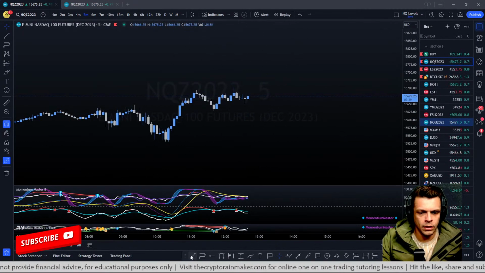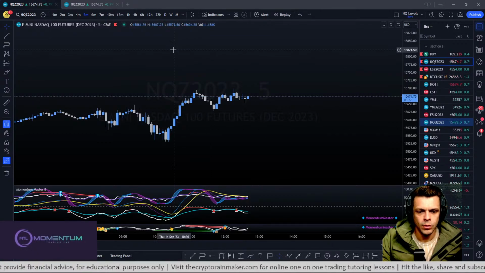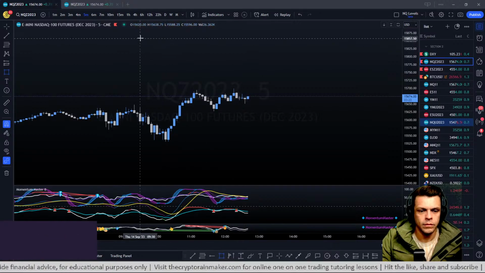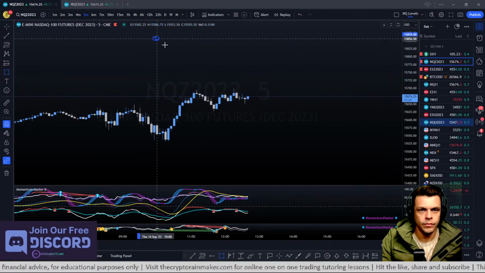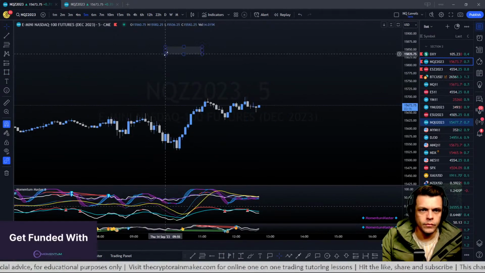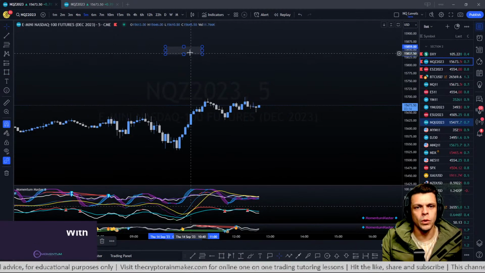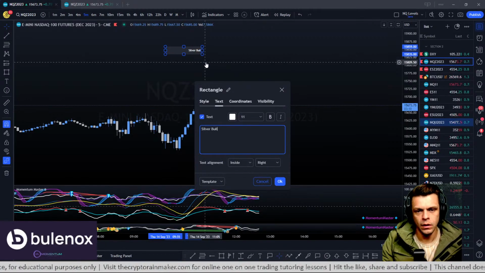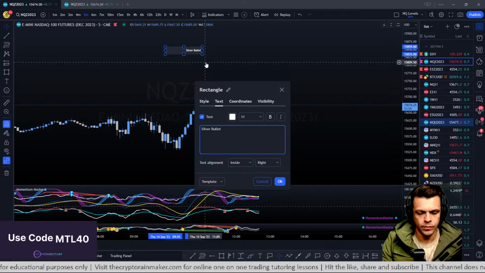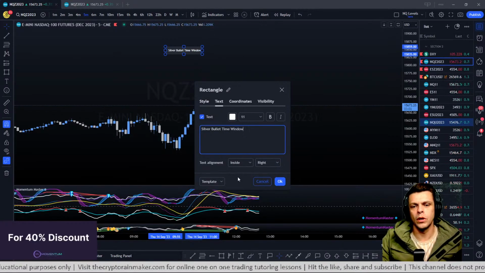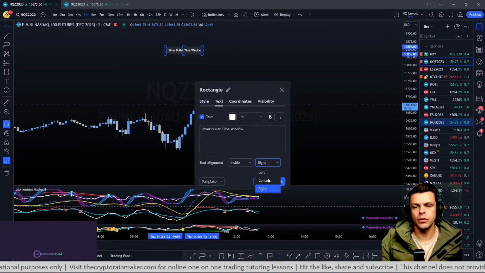On the 5 minute, I'm just going to mark off between 10 and 11 with a little box. 10 to 11. So this is the silver bullet time window, and I'll explain more as we go into it. So just see this as a time window. This is when we are going to be executing the trade.